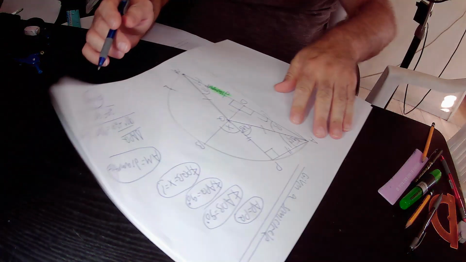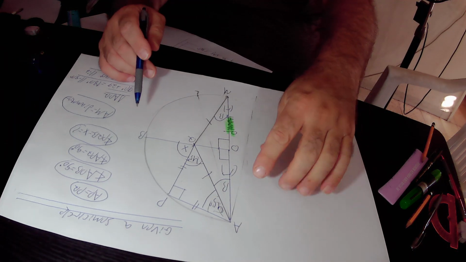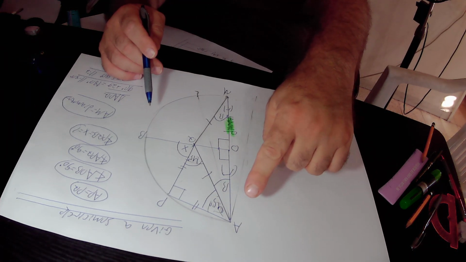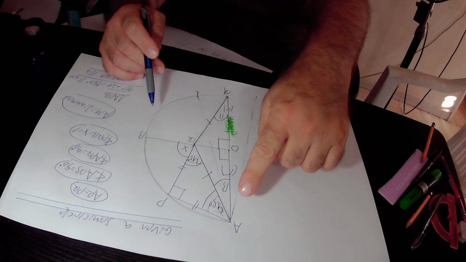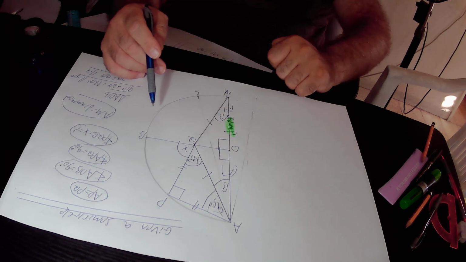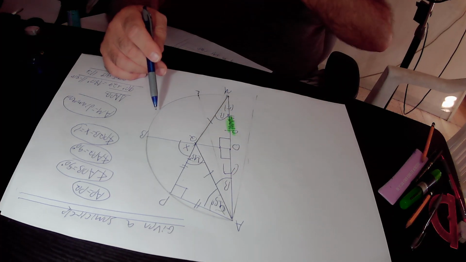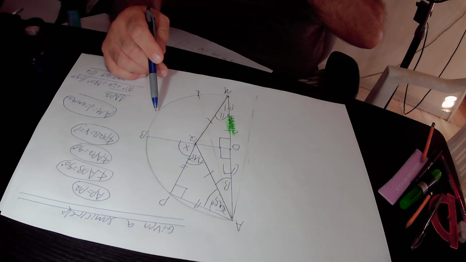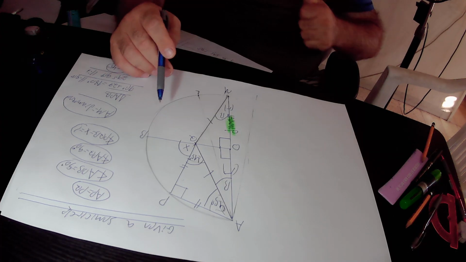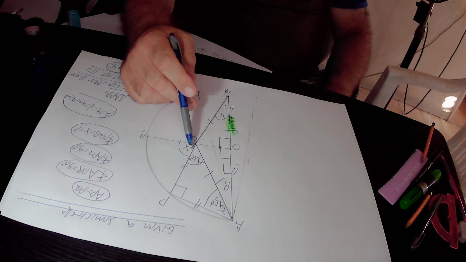Why? Because in our drawing, if you focus on the associated triangle AQM, those three angles are defined as interior angles of triangle AQM, while this is angle AQP that is defined as an external angle of the associated triangle AQM.